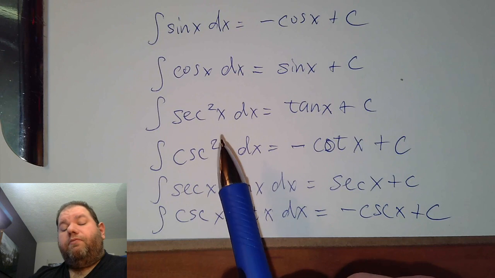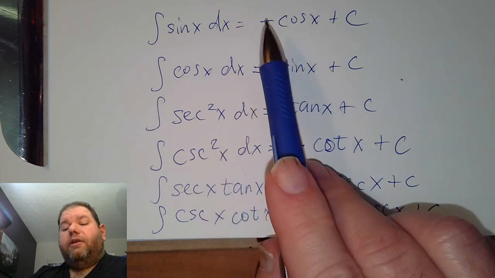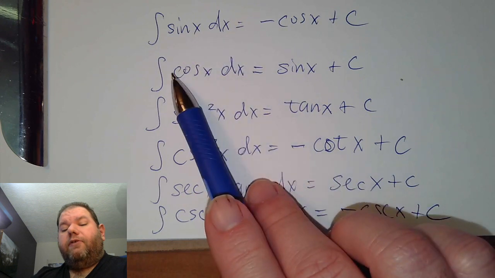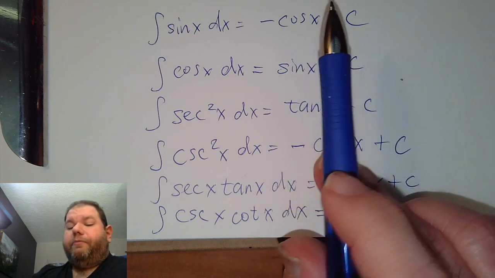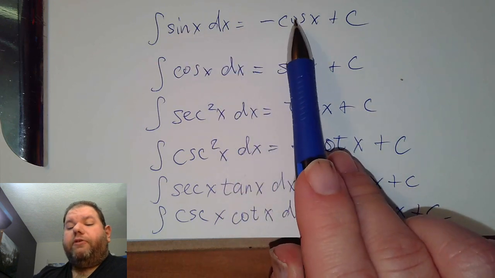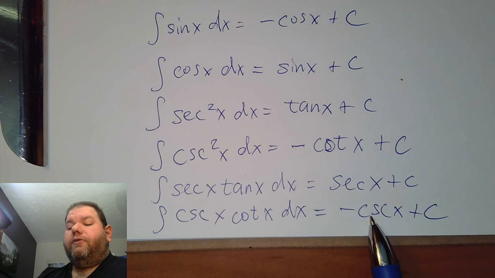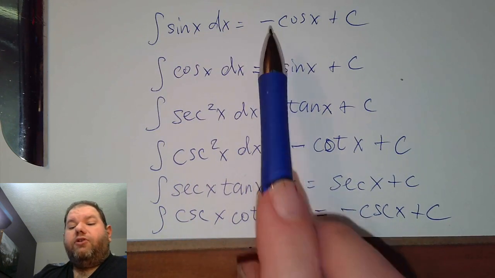The biggest thing that I've seen students have trouble with is when is it going to be negative versus when is it going to be positive. That's the big thing that we have to be comfortable with. We have to make sure we get the correct plus or minus sign on each of these integrals whenever we're working with trig specifically. So that is something in particular we should work on and strive to be successful at. Whenever we get a cofunction, whether it's cosine, cotangent, or cosecant, we know we have a sign change there.